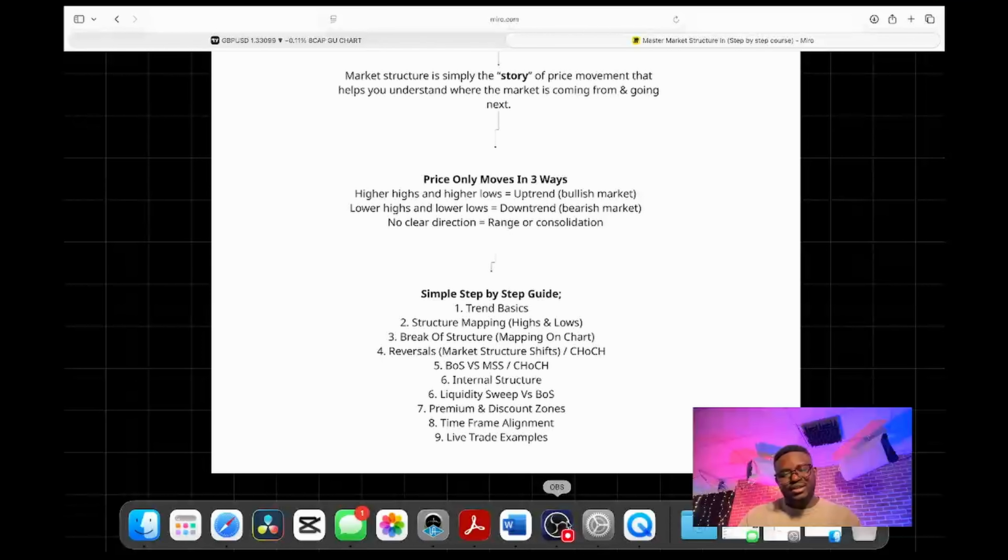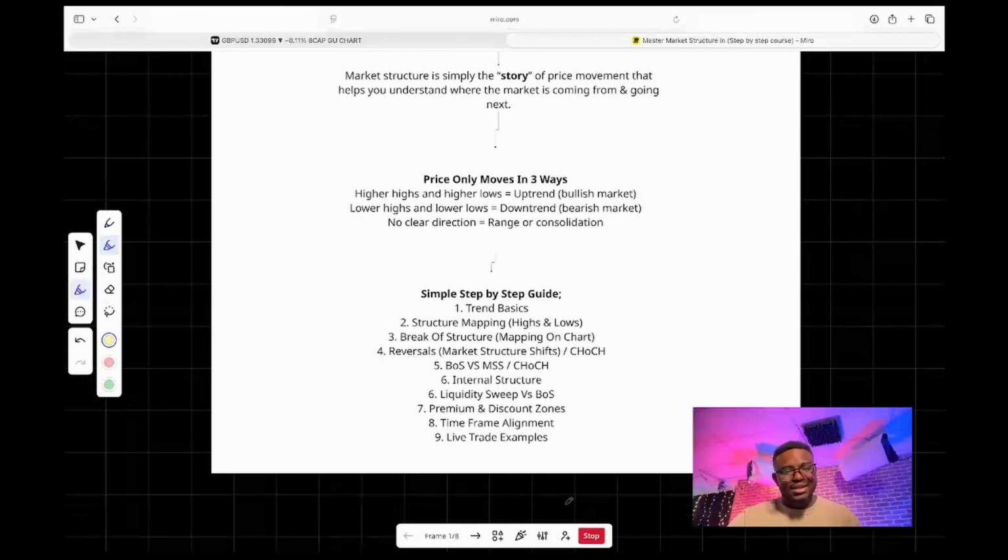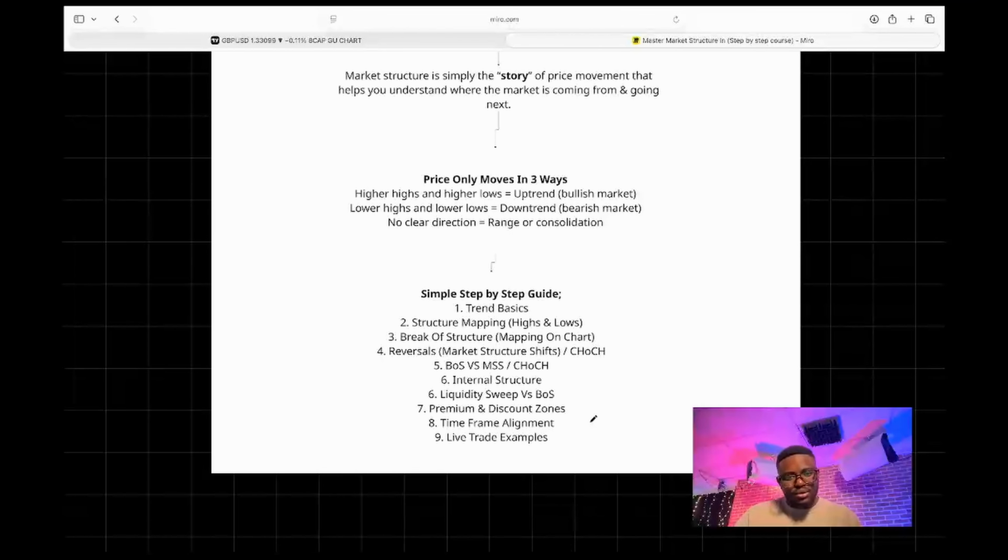That's a bearish trend. And then in consolidation, you basically just want to avoid consolidations because that doesn't really help you anyway. So you only focus on bullish trend, bearish trend, break of structure, market structure shifts, and that's it. And then internal structures you don't even want to look at because it's noise, and price can go up and down, up and down, up and down, but you only want to focus on the last higher low and the last higher high in a bullish trend.